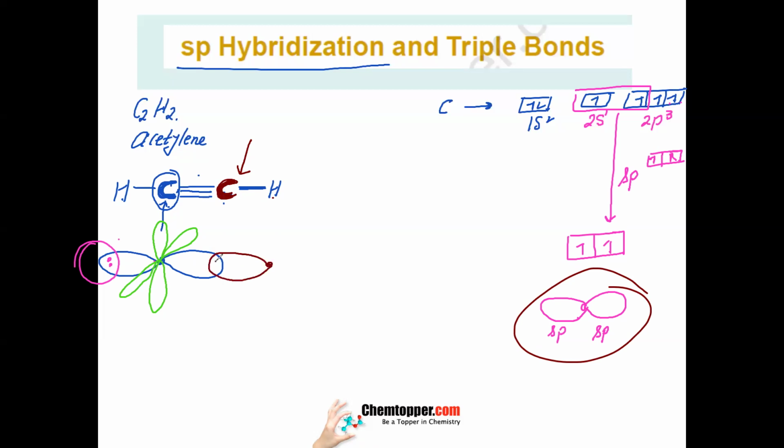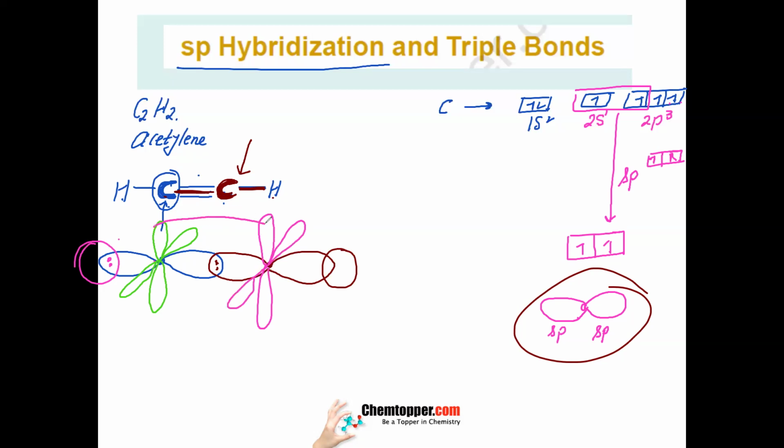Can you see the sigma bond here, with this carbon? One of the bonds is sigma, and this is sp, and here is your hydrogen. This is also sigma, but it also has two pure p orbitals, standing perpendicular to each other, like this.